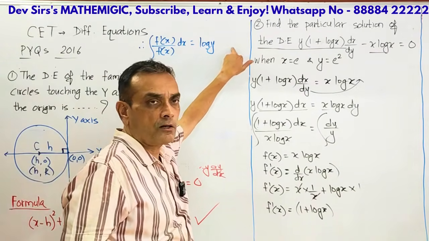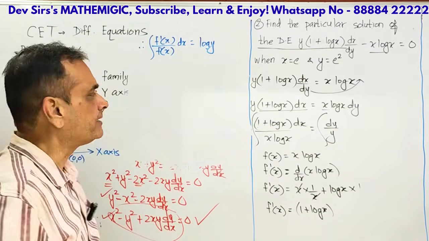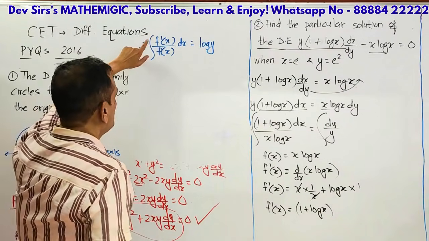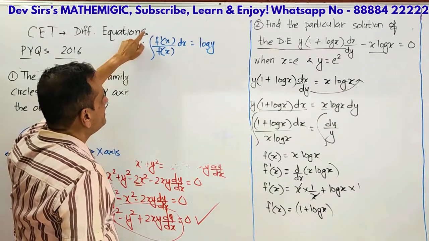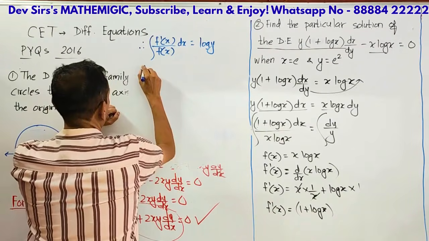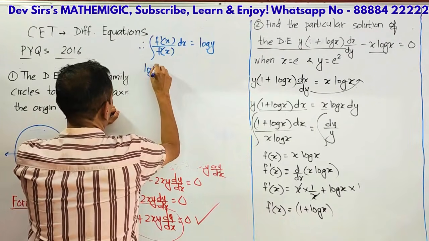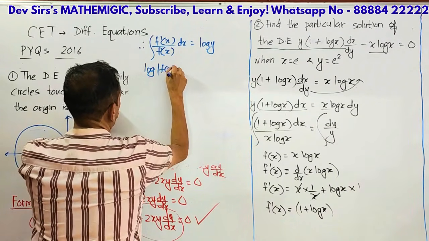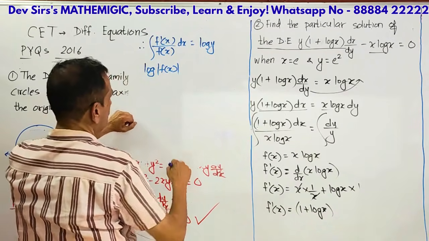Plus c or plus log c. Let's see what to write. Now remember this formula which you have learnt in integrals. Integral of f dash x upon fx is log of fx.